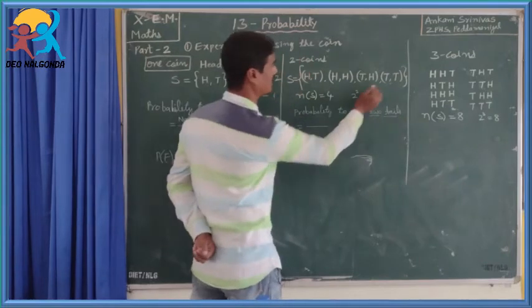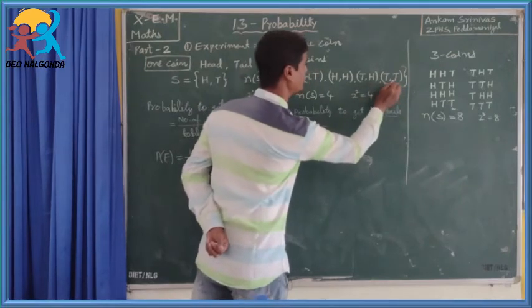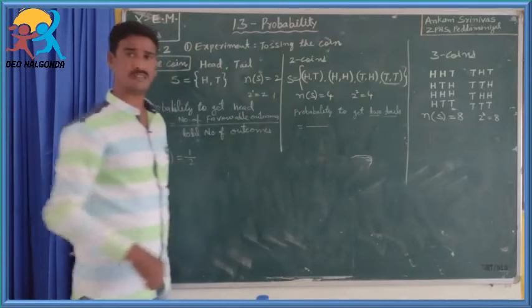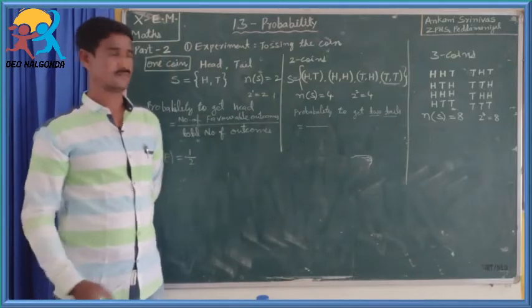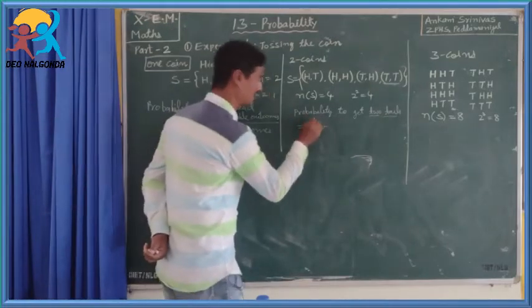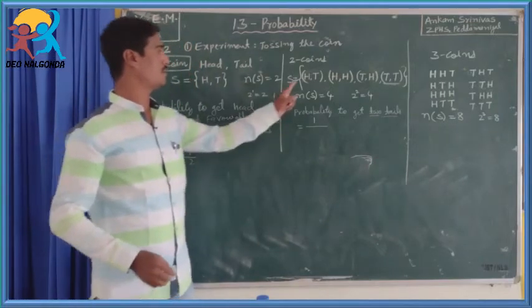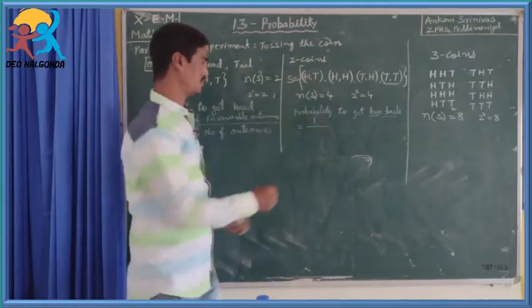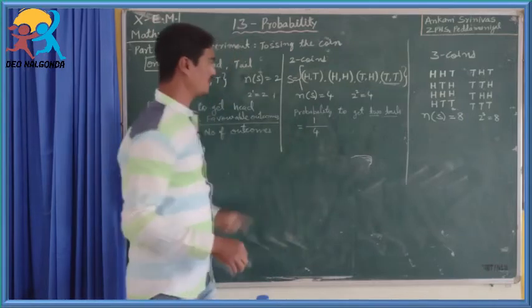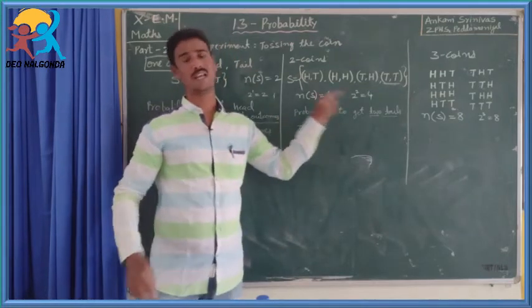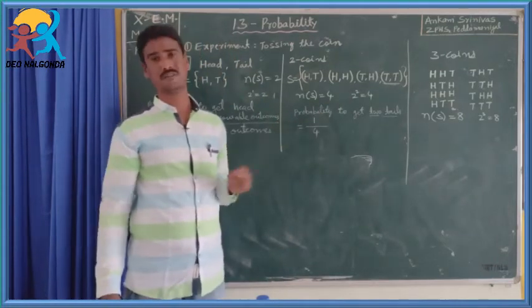How many are possible here? Only one. This is the only favorable outcome. So 1. And what are the total outcomes? 1, 2, 3, 4. So we got 4. So probability to get two tails equals 1 by 4.